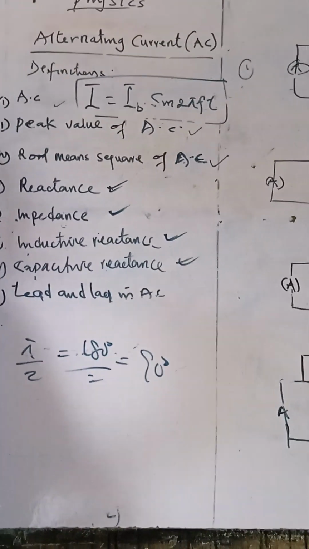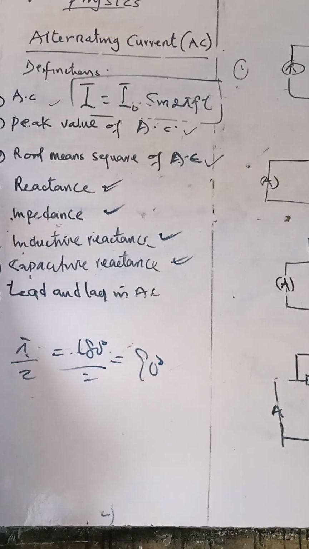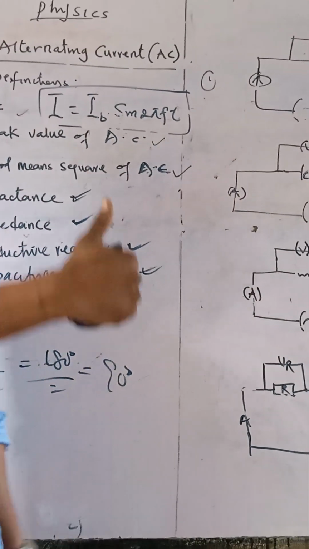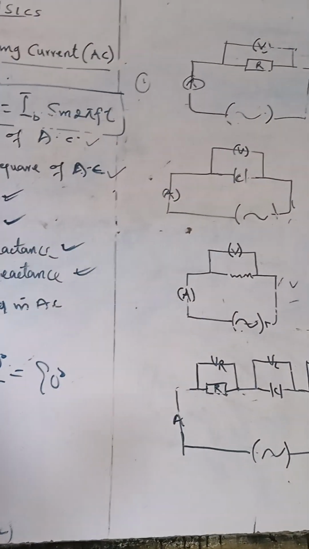Now, if one lead, then the other one what? Lag. In a capacitor, since it is current that lead, voltage what? Lag. In an inductor, since it is voltage that lead, then current what? Lag. So they are either leading by 90 degree or they are lagging by 90 degree.